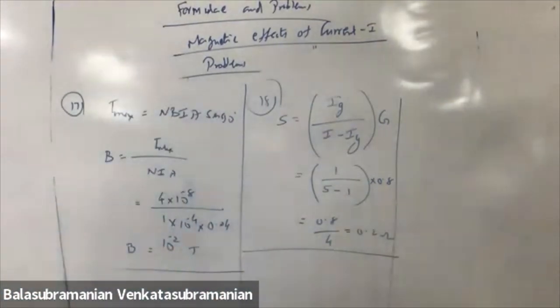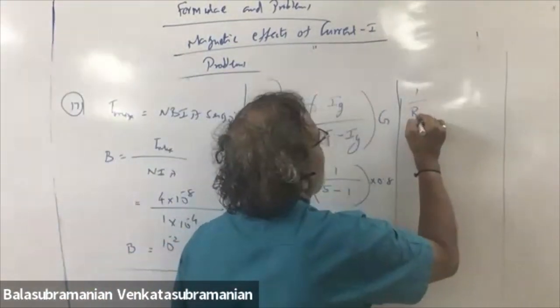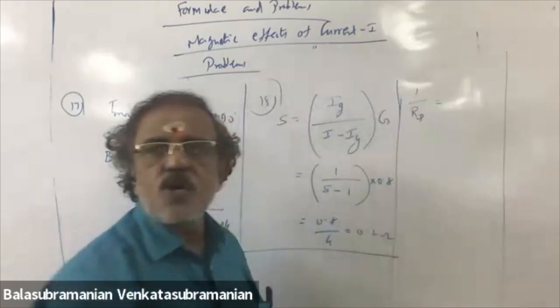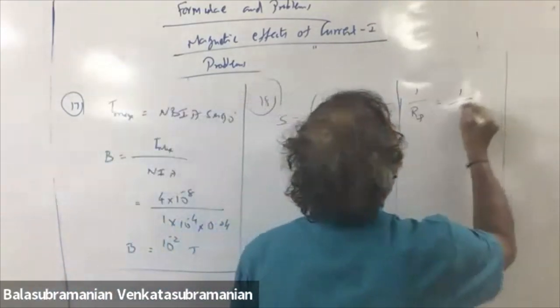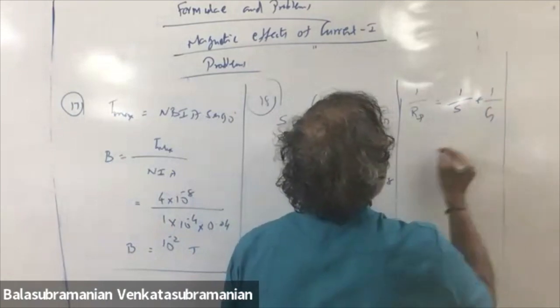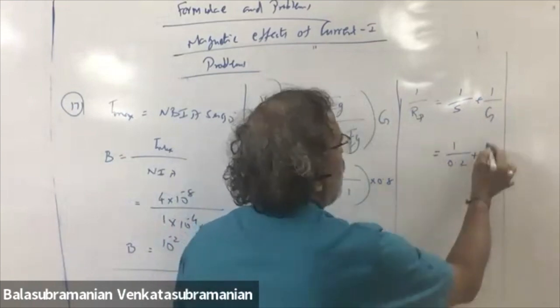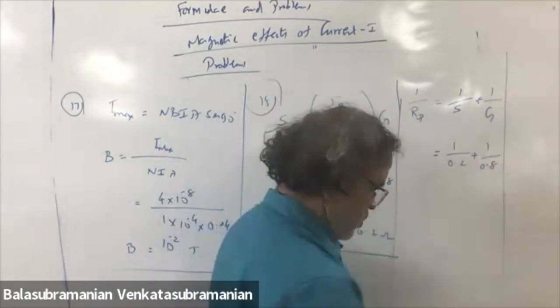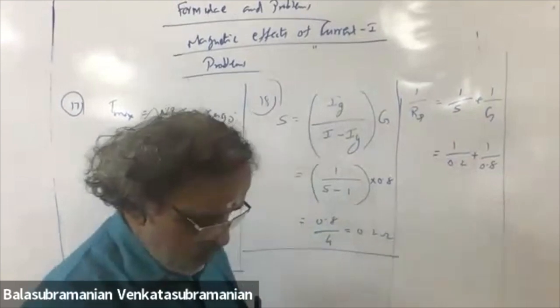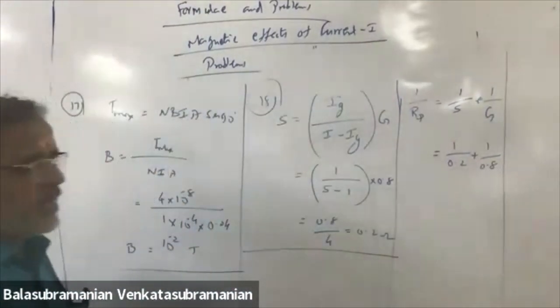Then they are asking you to calculate the effective resistance. It is a parallel combination in both cases. So 1 by RP is equal to 1 by S plus 1 by G. This is 1 by 0.2 and the galvanometer resistance is 0.8, so 1 by 0.2 plus 1 by 0.8.